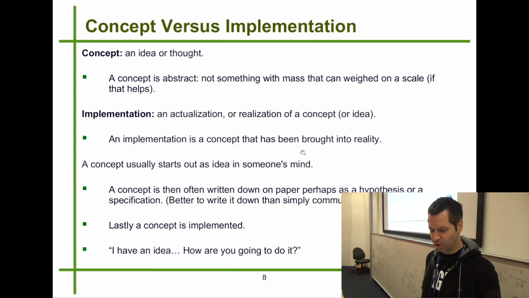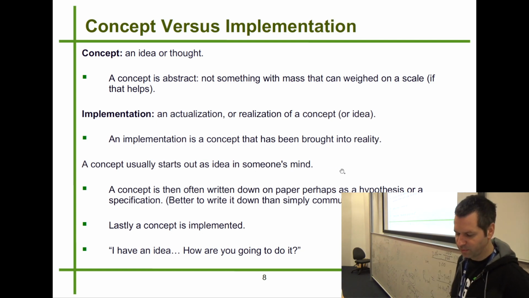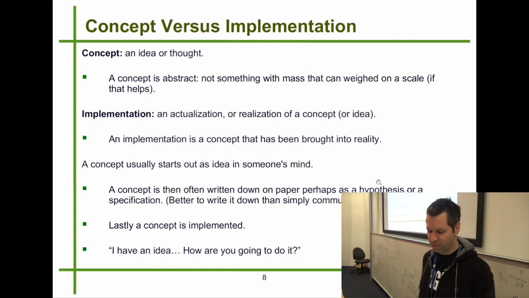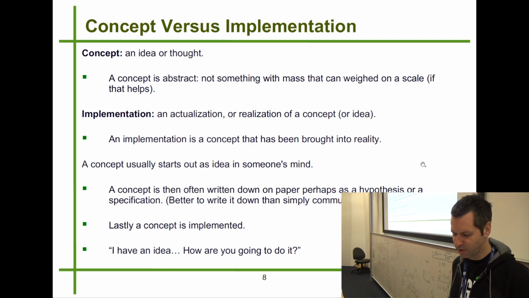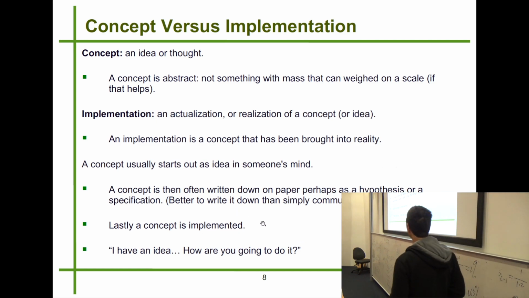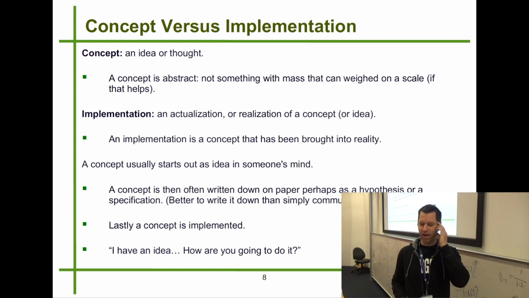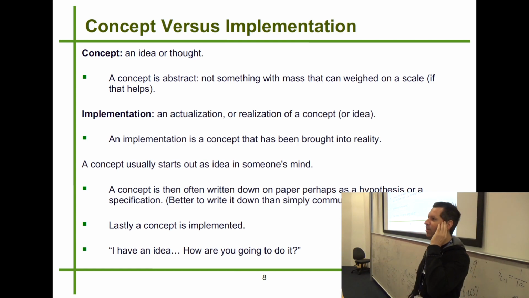A concept usually starts out as an idea in someone's mind. A concept is then written down on paper, perhaps as a hypothesis or a specification, and then a concept is implemented. You can think of this sentence like, I have an idea, I have a concept in my head, and then the next question is, okay, you have this idea, how are you going to make it a reality?